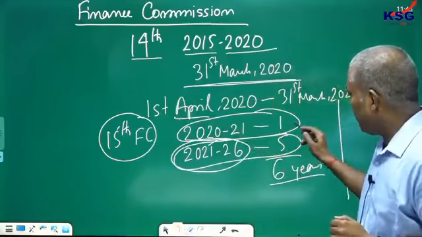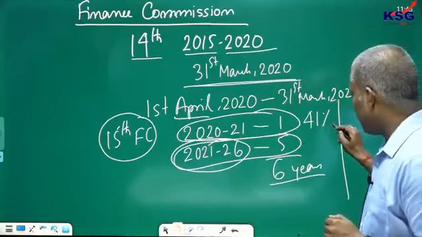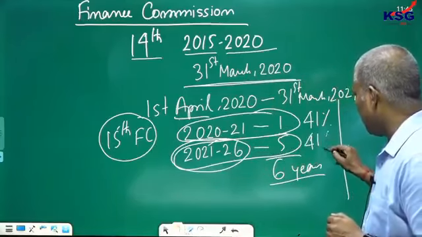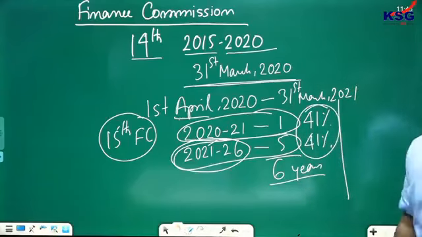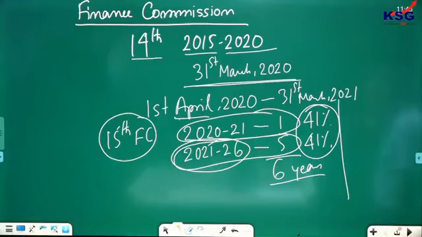It means for 1 year the share was 41%, and for this period also it is 41%, which was same for 2020-21. Full stop.